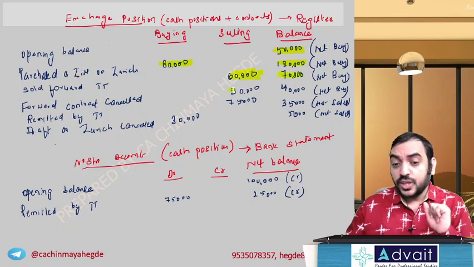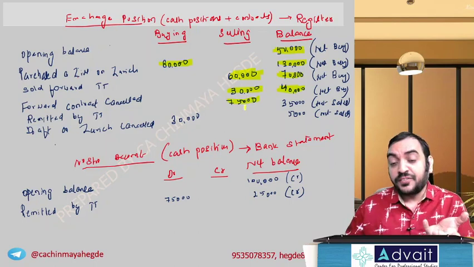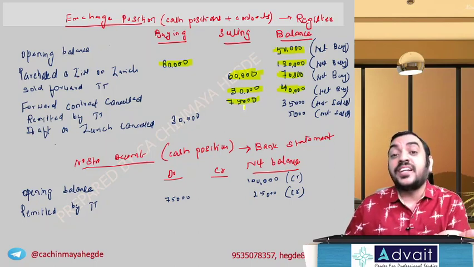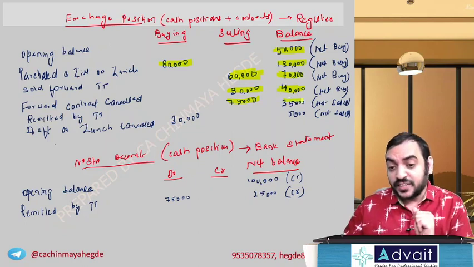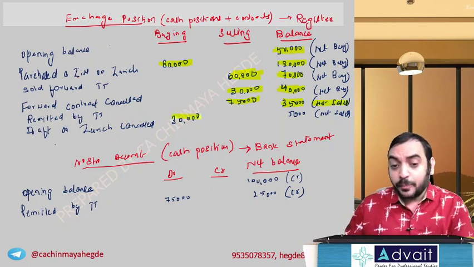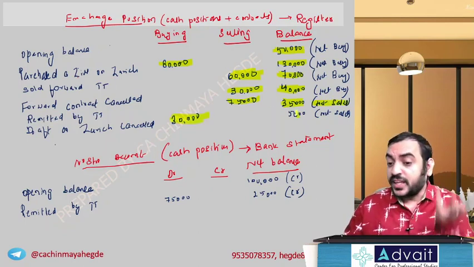Out of 70, you sold 30, so it became 40. Out of 40, you sold 75. You had only 40, so 40 minus 75 becomes minus 35. That minus 35, I'm calling net sales. And minus 35 plus 30,000 becomes 5,000.